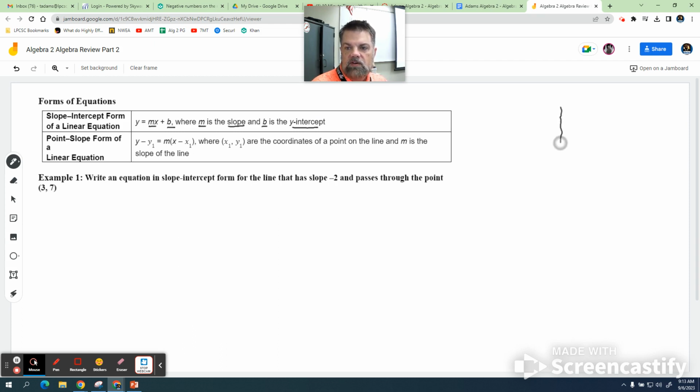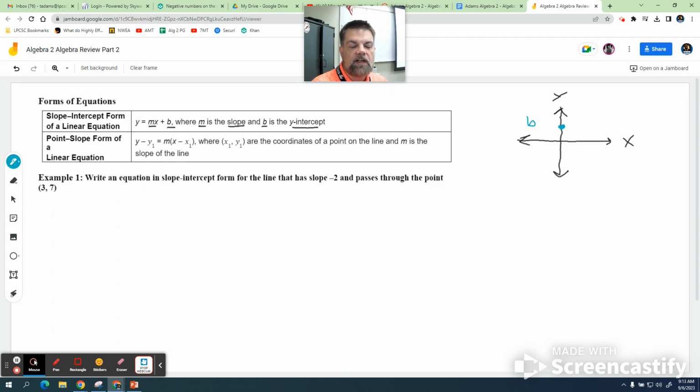If I have a graph on the xy plane, a perfectly drawn line, this is the x-axis, right? This is the y-axis. B is where it crosses the y-intercept, or the y-axis.